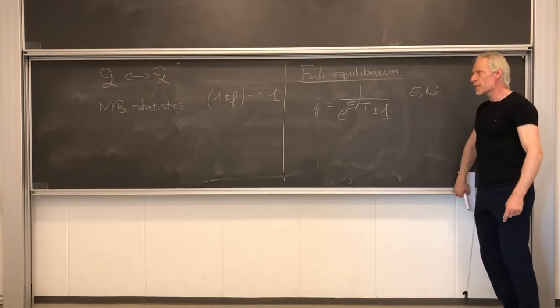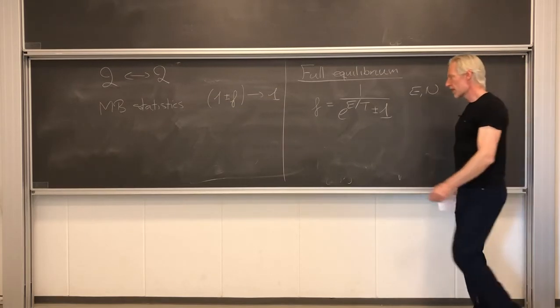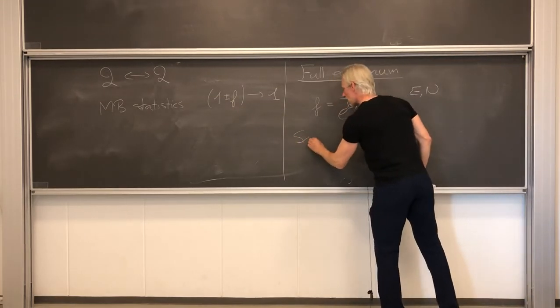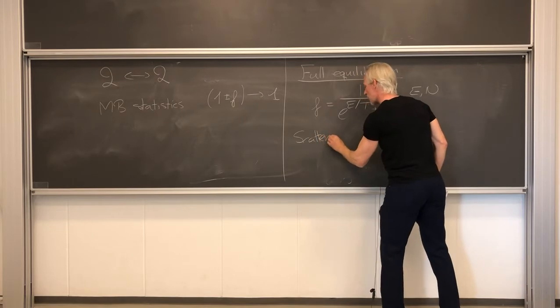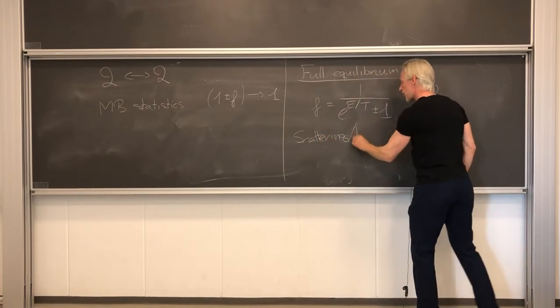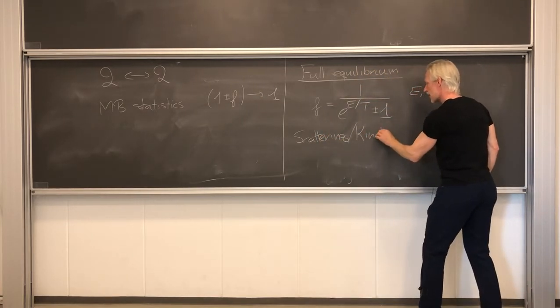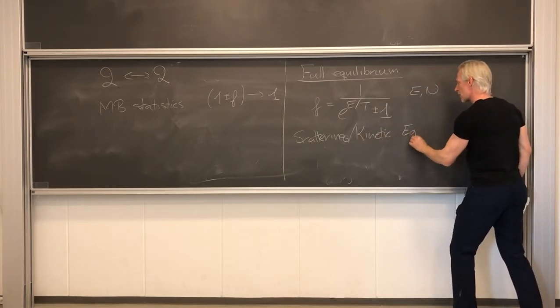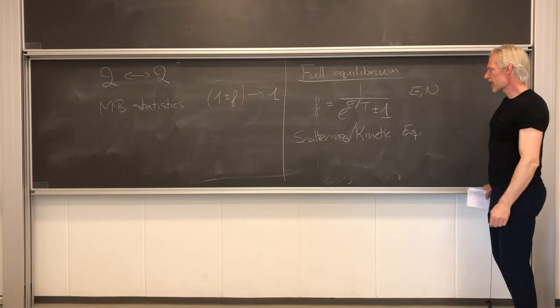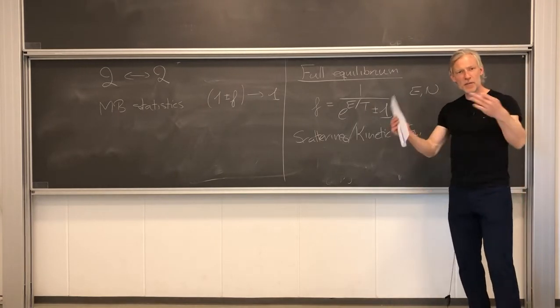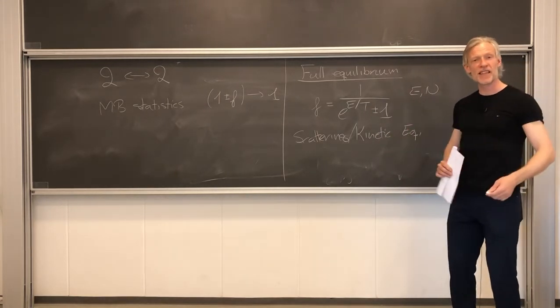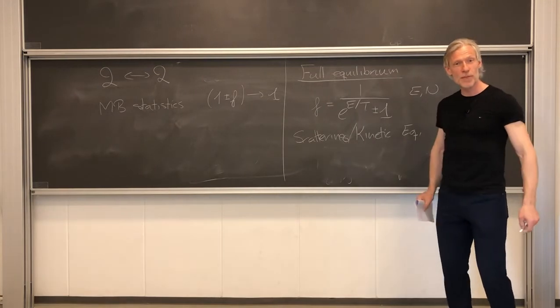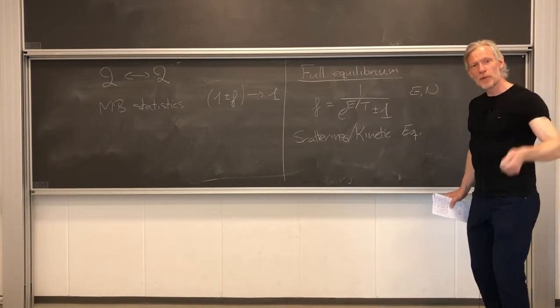But there are other types of equilibrium, or pseudo-equilibrium. So there's also what we know as scattering or kinetic equilibrium. And what do I mean by that? By that I mean we have some gas of particles. That could typically be the gas of particles, for example, in this room, where I cannot change the number of particles.